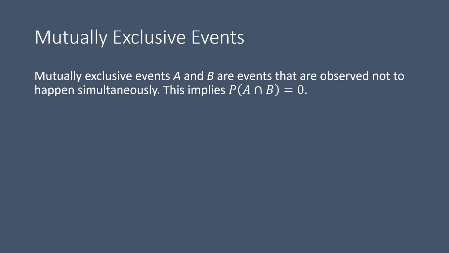So when two events are mutually exclusive, it means you will never see them happening at the same time, in which case the probability of A intersection B is equal to 0.